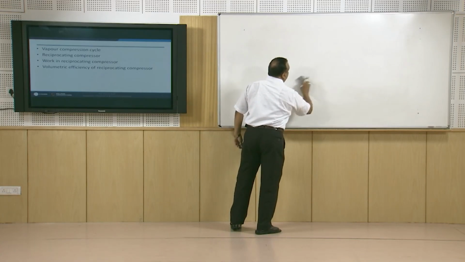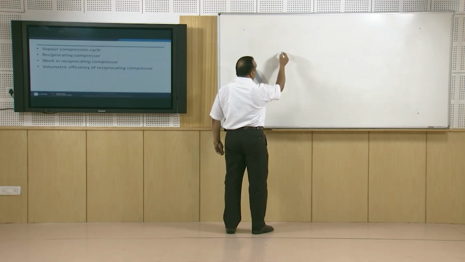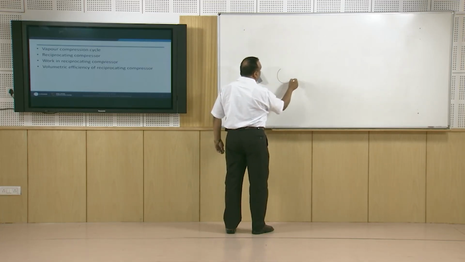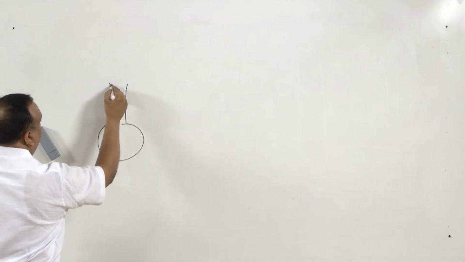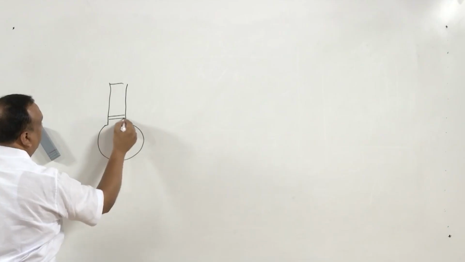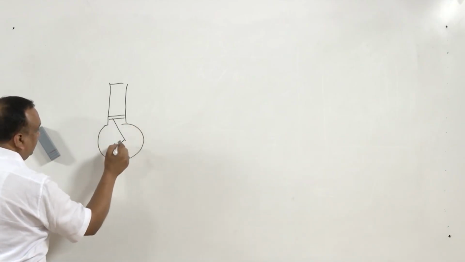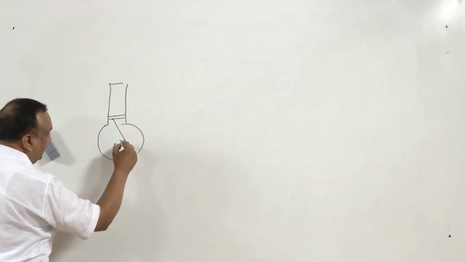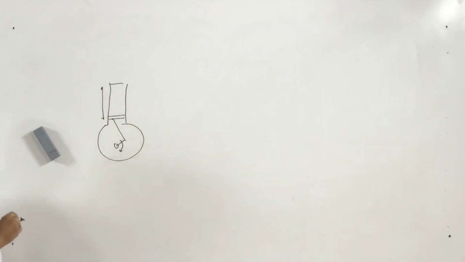In most applications in vapor compression systems, it is a vertical type of system. So, there is a crankcase and a cylinder, and the piston is fitted inside the cylinder. When the crank rotates with a certain RPM, to and fro motion of the piston takes place.